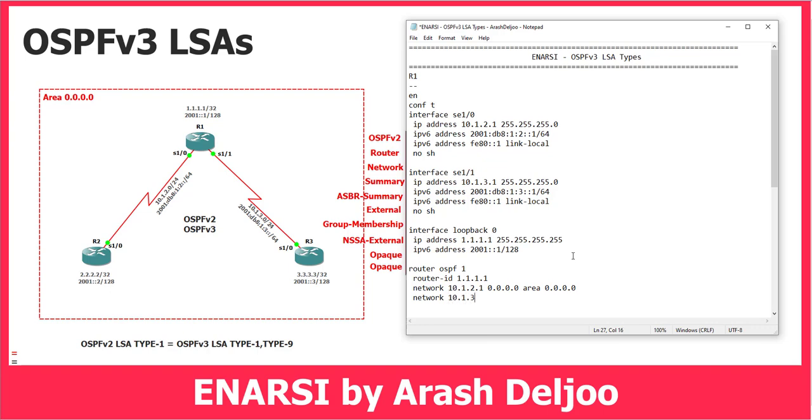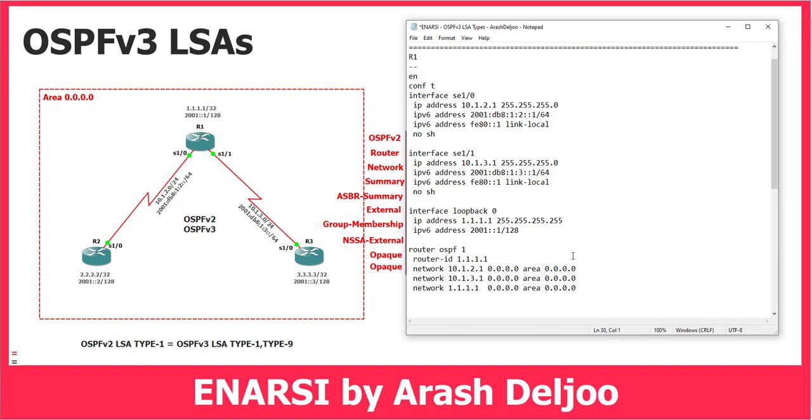Network 10.13.1.0 0.0.0.255, area 0, and after that network 1.1.1.1 0.0.0.0, area 0 again.